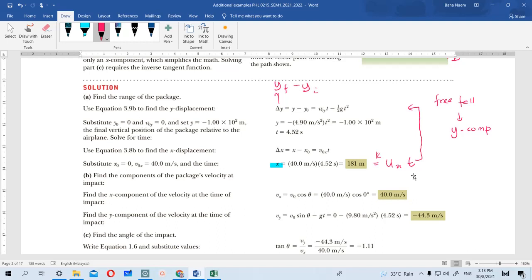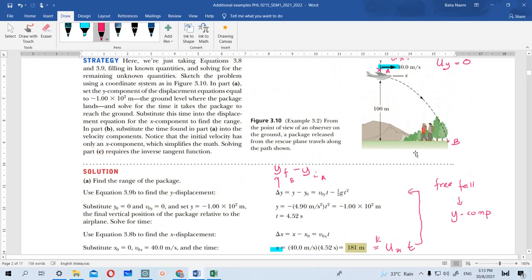Our final is at B, while our initial is at A. You can choose any reference. In this scenario, we say that y at the ground is 0. Hence, this is 0, while the initial is up there, above the ground, positive 100.